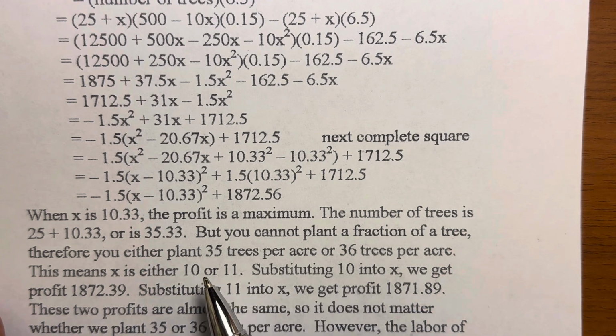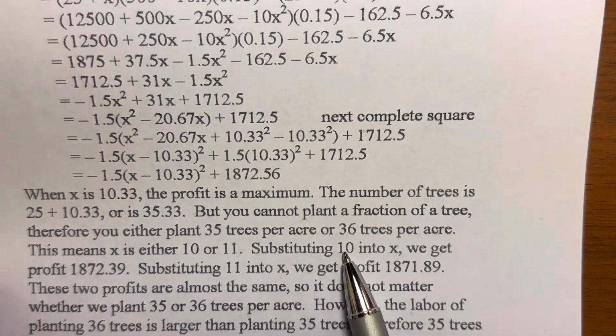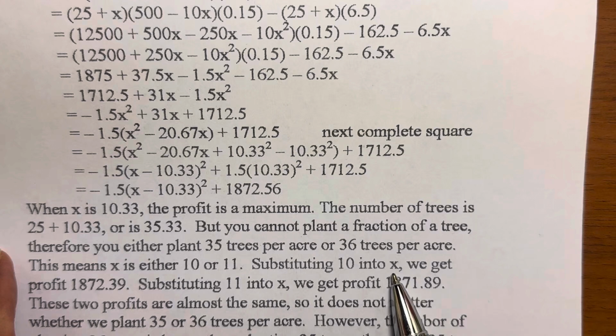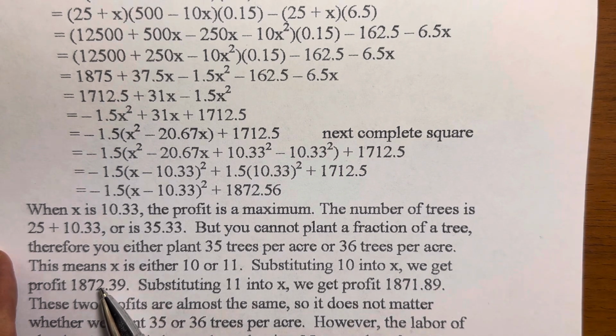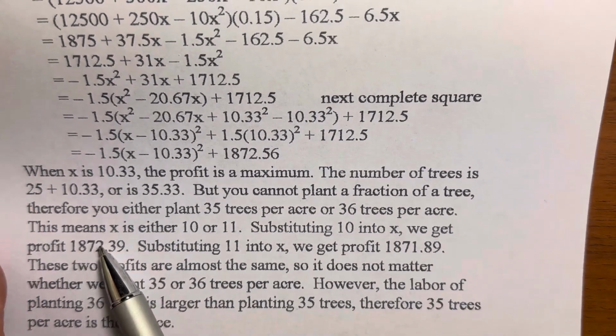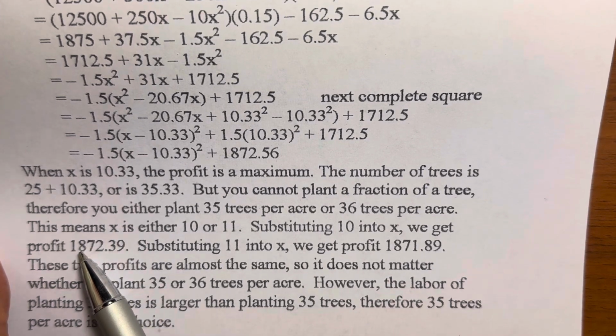For 36, my x is 11. So substitute 10 into x, and I find the profit. When x is 10, the profit is this. When x is 11, the profit is this. They are just equal.